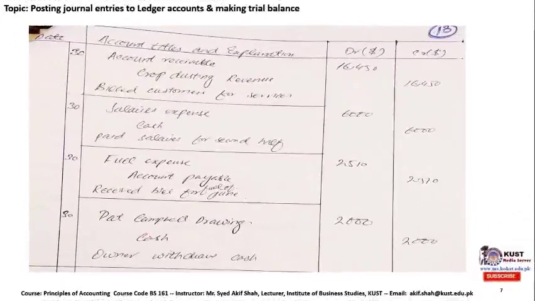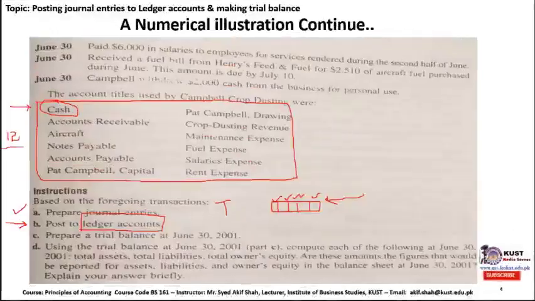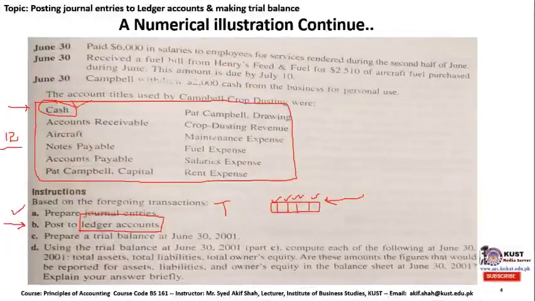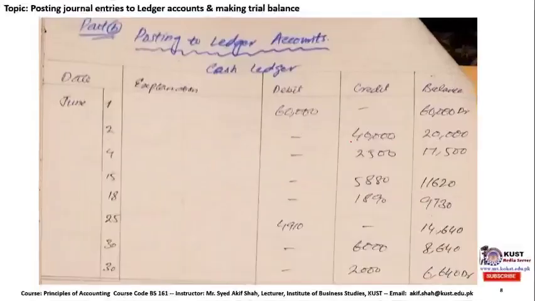The first ledger account available in the chart of accounts is, let's go back to the question, cash. So we have to make the ledger account for cash first. Let's move to the relevant section and see how to make a ledger account in the running balance format.